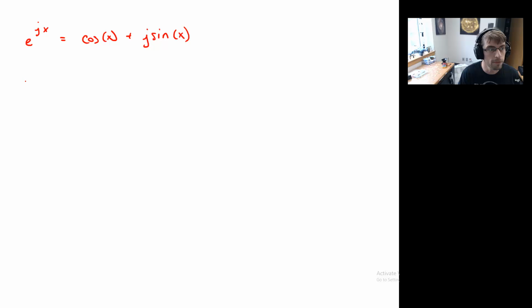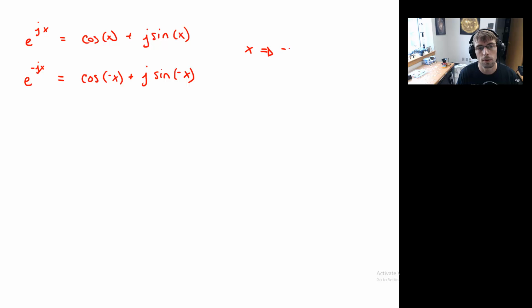Consider for a moment, what is e to the negative j times x? Anywhere I see an x, I should put in a negative x. So I could write this. All I've done between these two is take x and replace it with negative x.